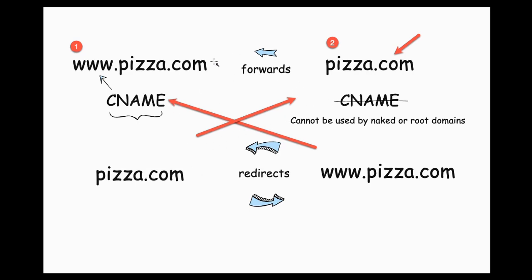Here are the instructions again. Once you set up your CNAME as www.pizza.com, then you set up a forward and say, hey, pizza.com.